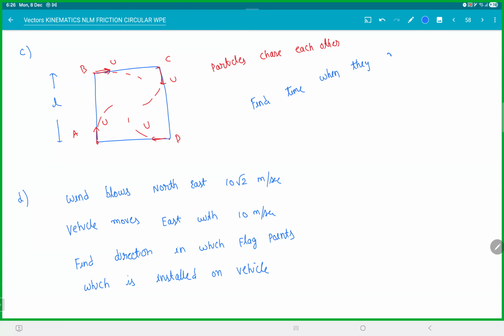Find the time when they meet. And if you take the center as O, find the angle rotated by OA vector in time t.